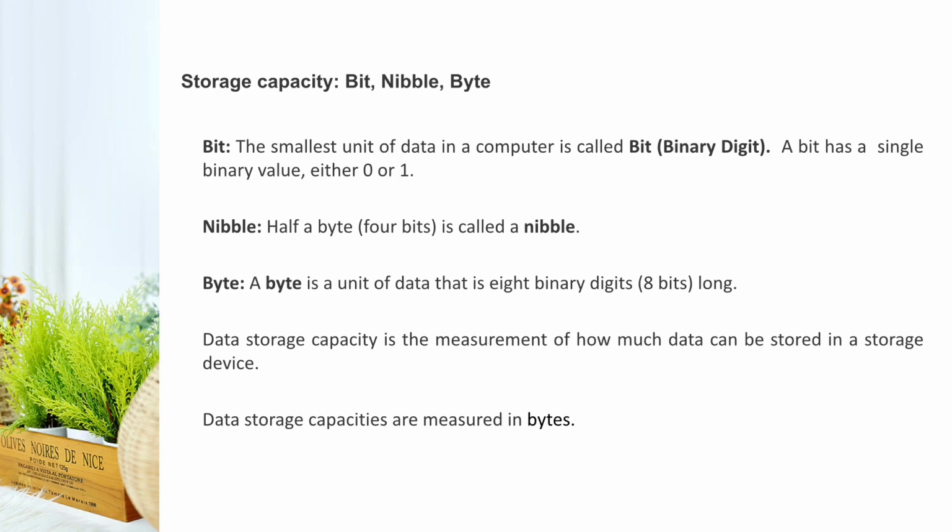It has a single binary value, either 0 or 1. A nibble is a combination of 4 bits, or half a byte. And a byte is a unit of data that is 8 binary digits long, a group of 8 bits. Data storage capacities are normally measured in bytes.